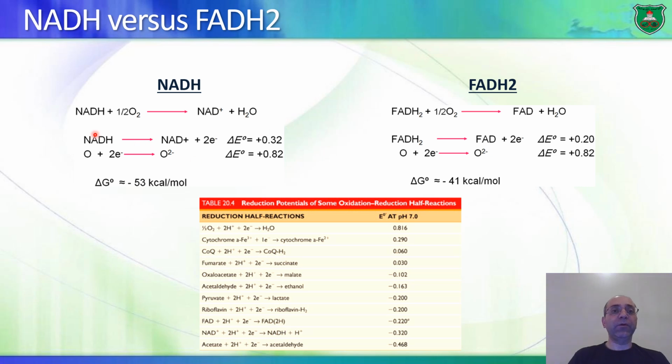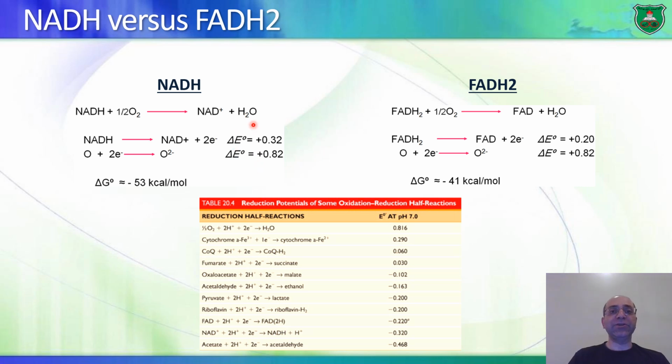Now, the release of electrons from NADH has a change of reduction potential that equals plus 0.32. So we're looking at the reverse of this reaction, which is minus 0.32. So you change the sign, but you keep the value. Now, the reduction potential of oxygen is plus 0.82.